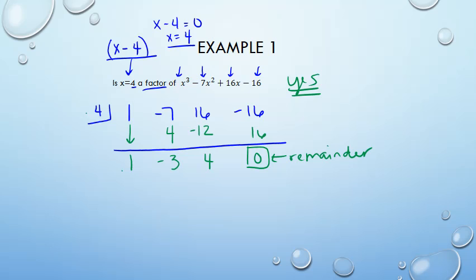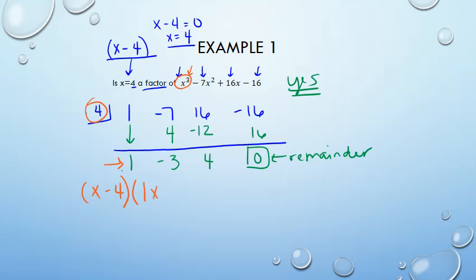Now the way that we write our answers, because we will need to know this, is remember this 4 comes from x minus 4. Now this answer that we're left with down here, remember these are all coefficients. So we're going to take each coefficient and put it back into the function, except because we divided, we're going to start 1 degree lower than the thing that we divided into.